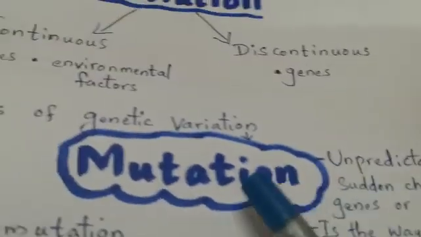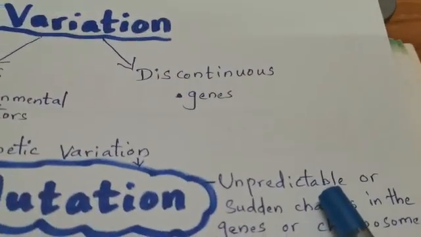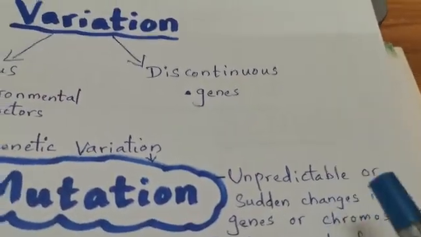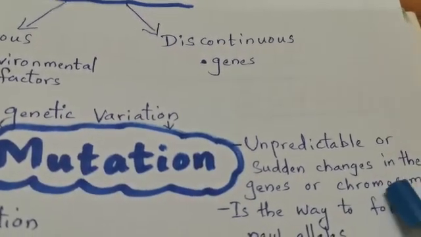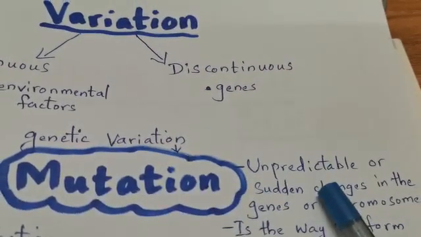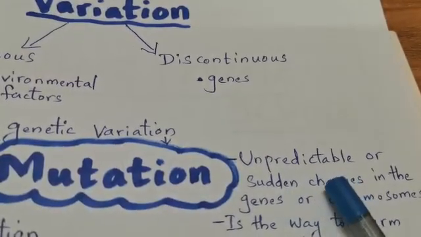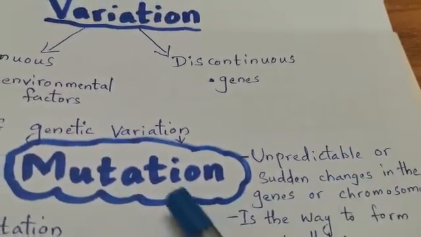The mutation is the process that is happening in the genes or chromosomes with some sudden changes. So mutation is the process of changing of genes or chromosomes suddenly or unpredictably. That's called mutation. You can see the definition in the book.